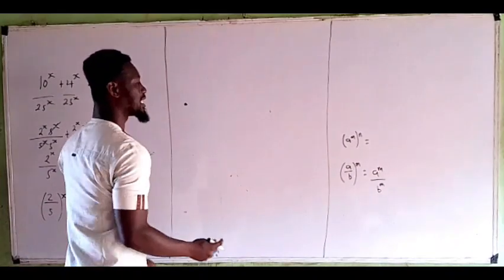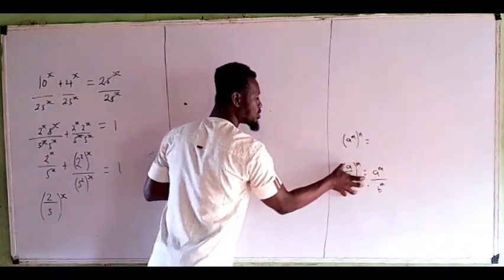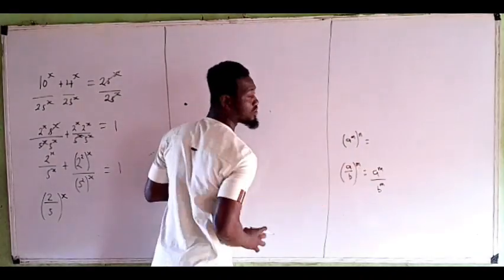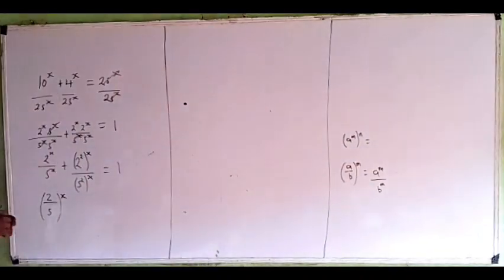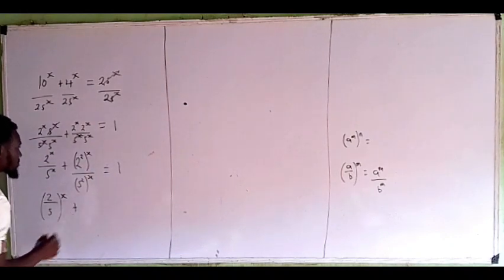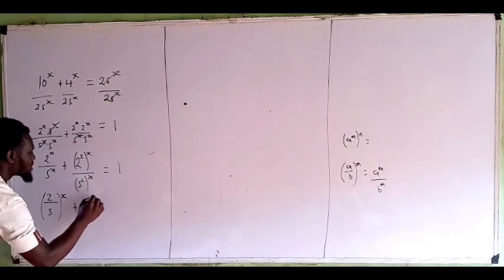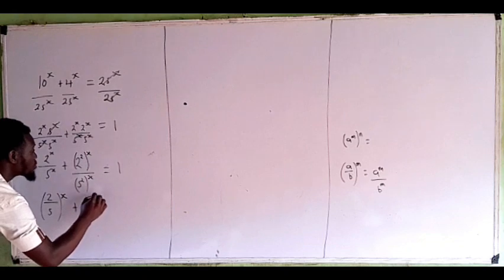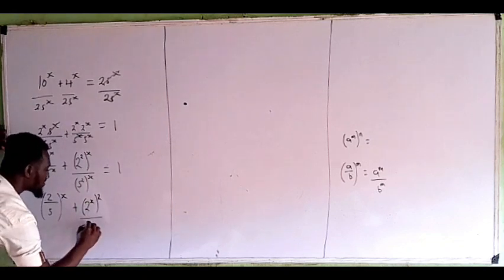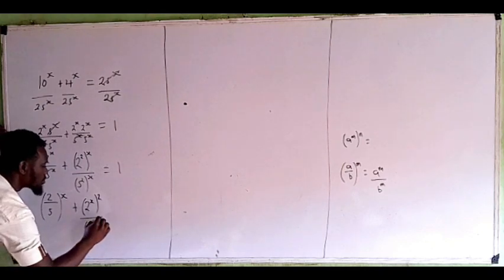So you can take this back, and this is equal to this, so you can substitute this in place of this. So this place is the same thing as 2 raised to power x raised to power 2 all over 5 raised to power x raised to power 2.